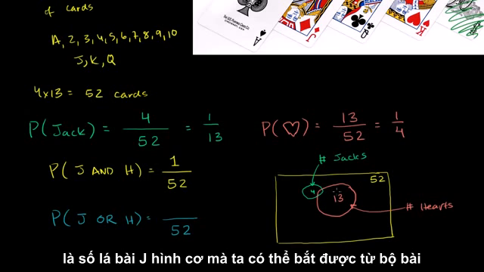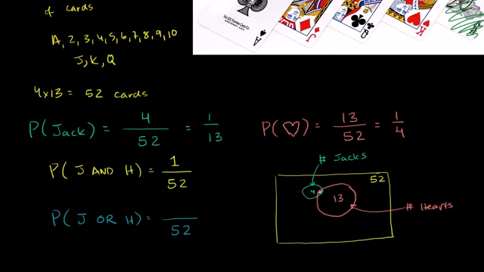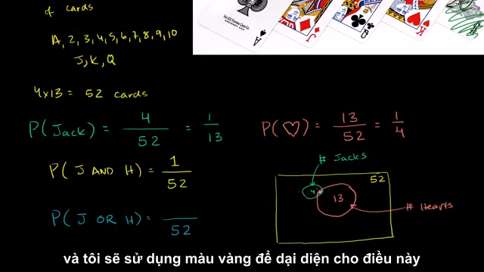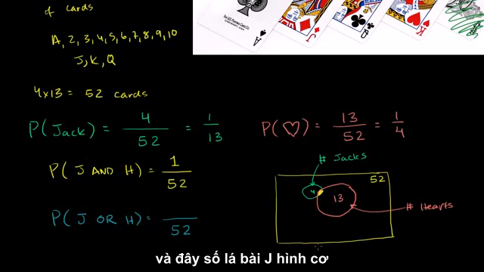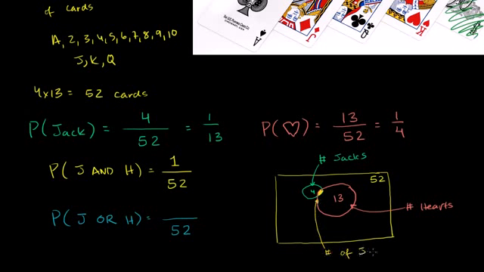It is in this green circle and it is in this orange circle. So this right over here, let me do that in yellow since I did that problem in yellow. This right over here is the number of jacks and hearts. So let me draw a little arrow there. It's getting a little cluttered. Maybe I should have drawn a little bit bigger. Number of jacks and hearts. And that's an overlap over there.